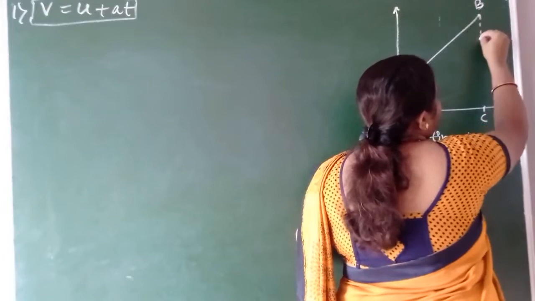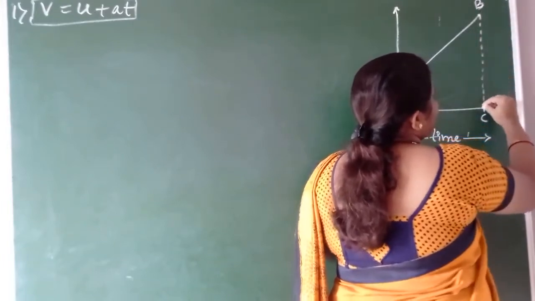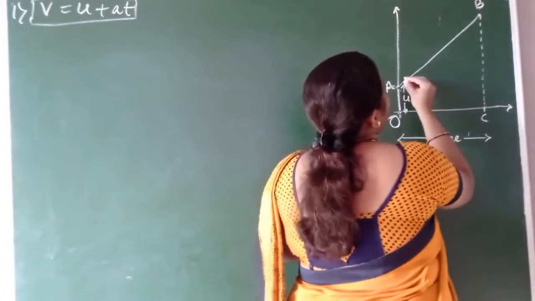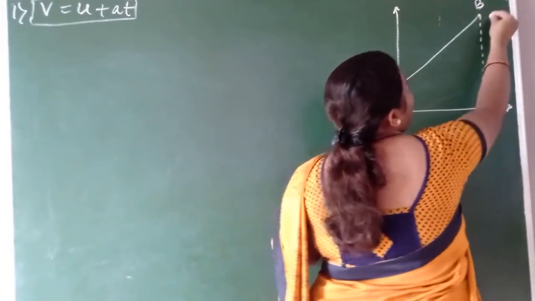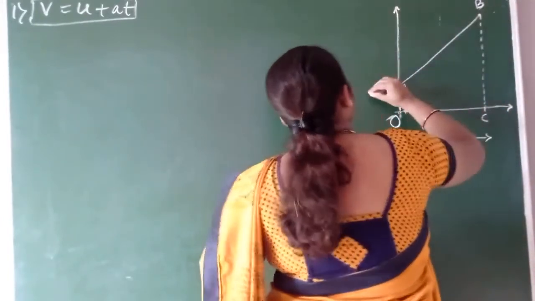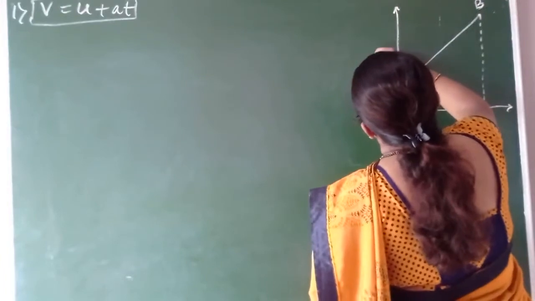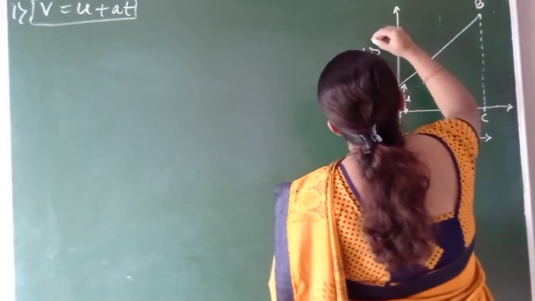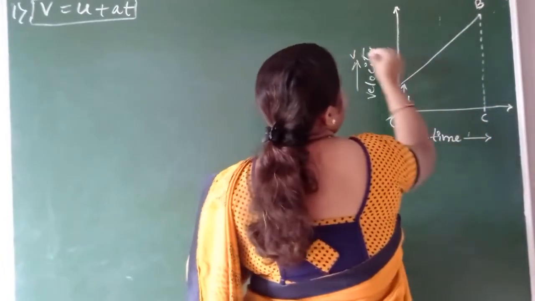We need to draw dotted lines, children, at this point. Velocity is taken along the y-axis.